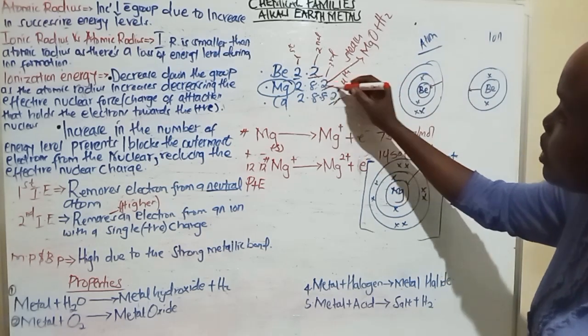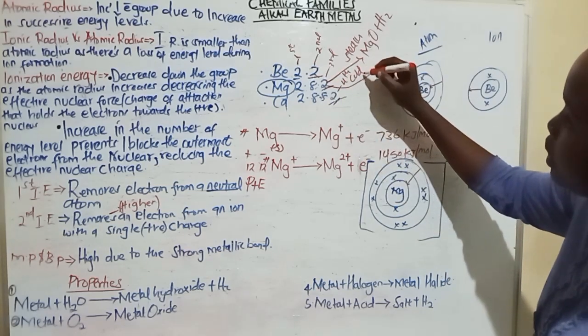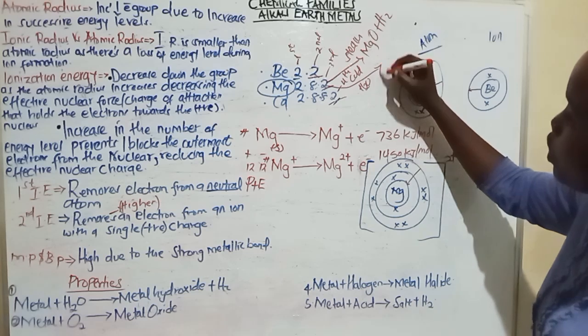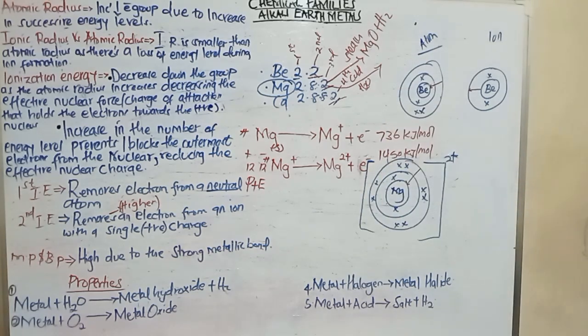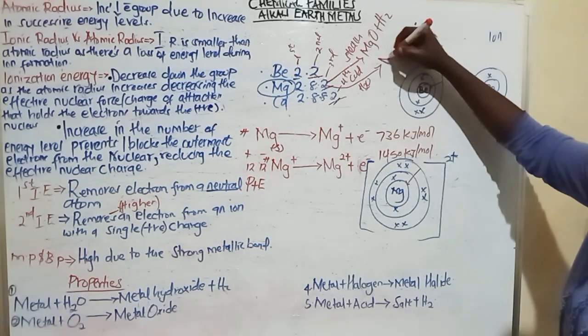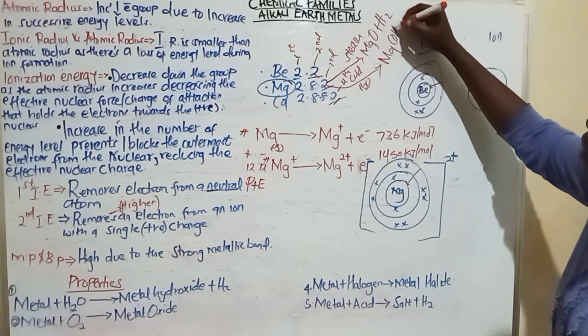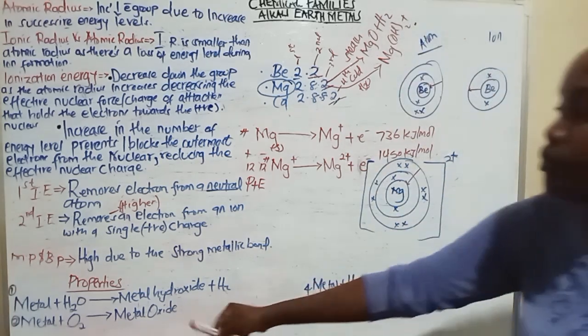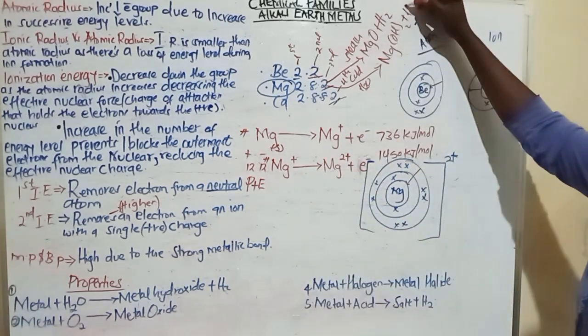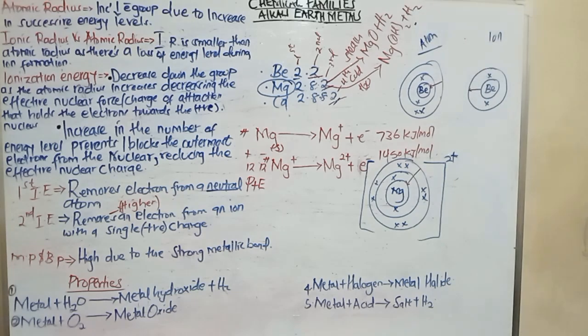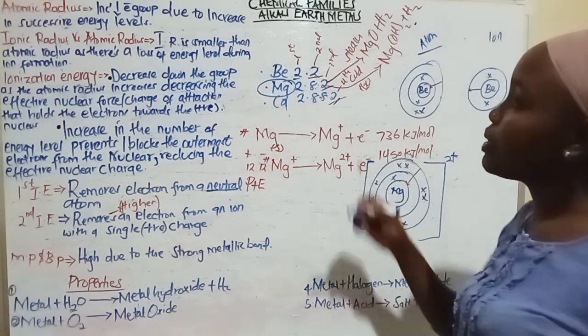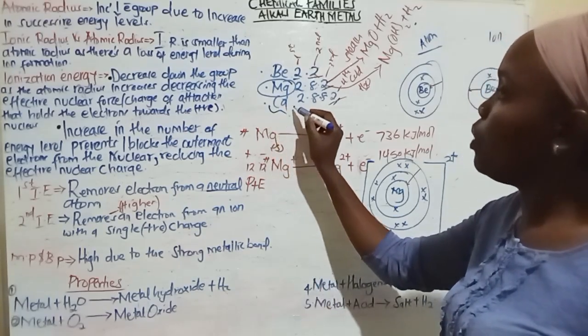But if you react it with cold water, it's going to be a very slow reaction. You're going to form magnesium hydroxide plus hydrogen gas.